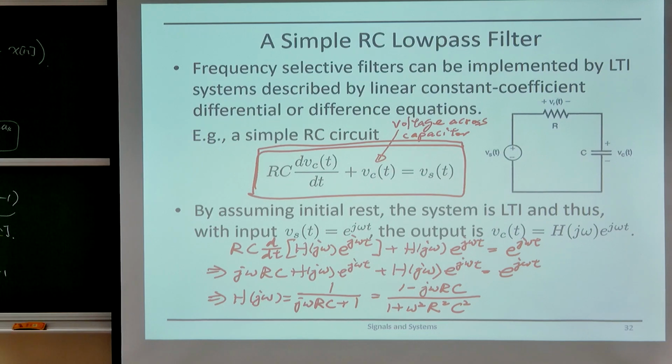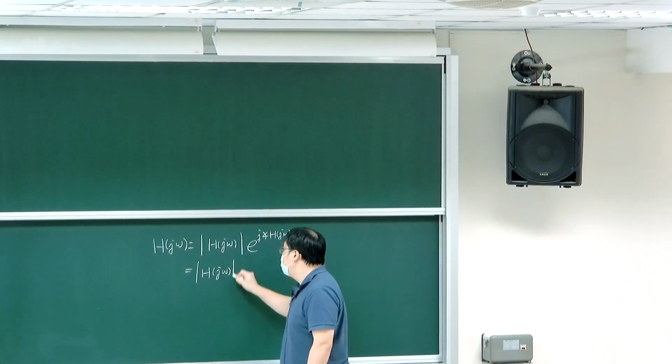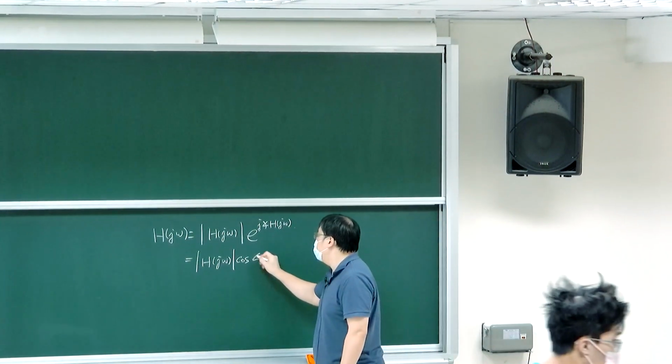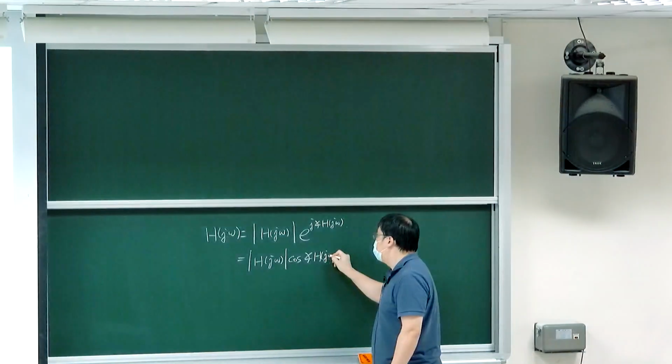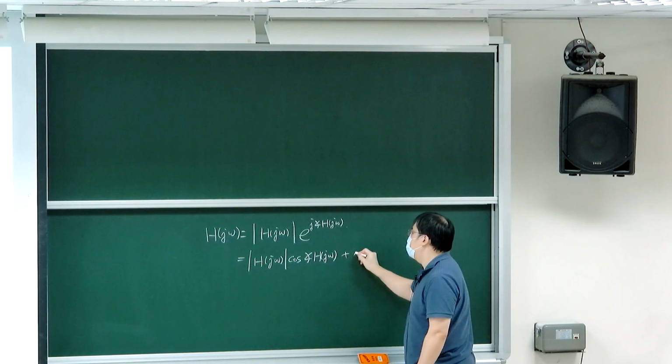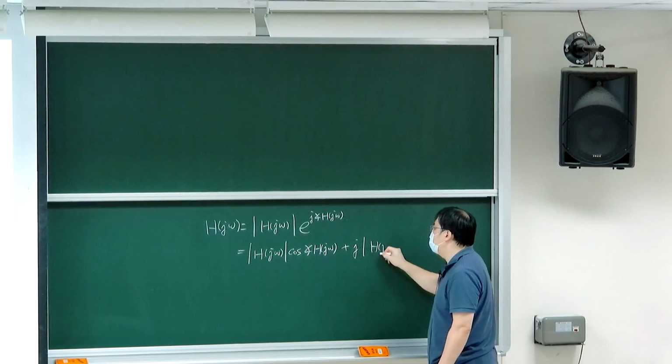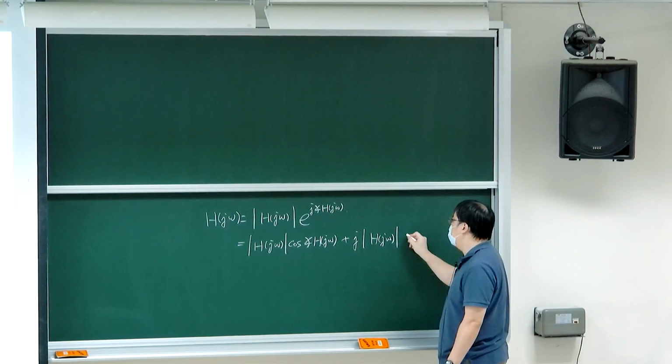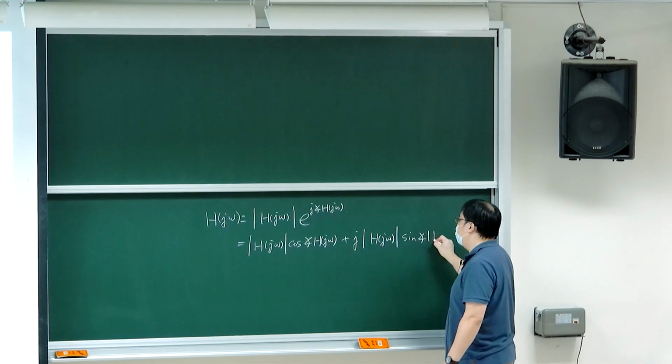By Euler's formula, you can write this as the magnitude times cosine of the phase plus j, the magnitude, times sine of the phase.